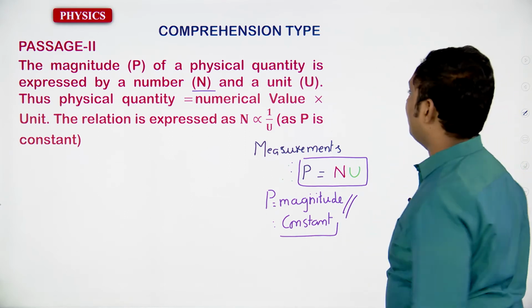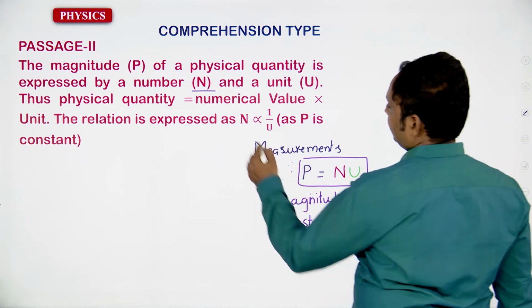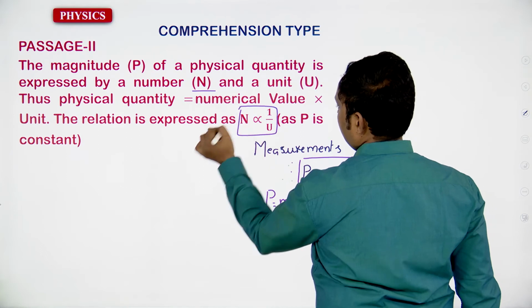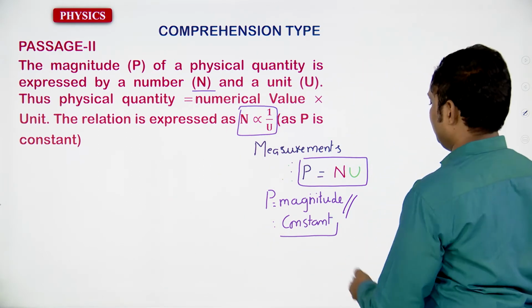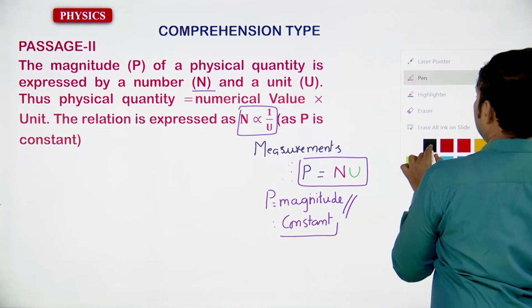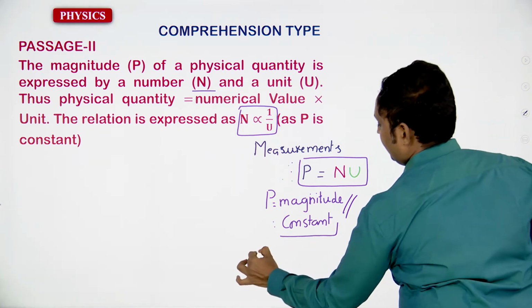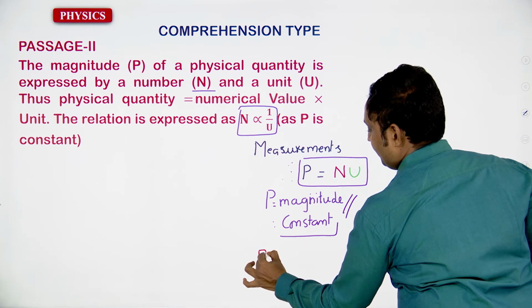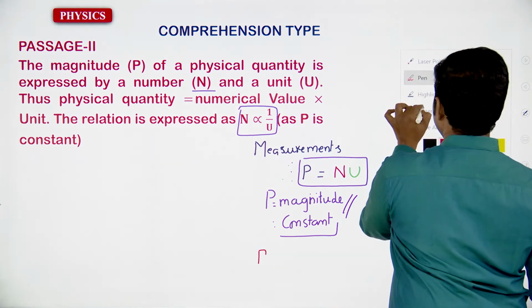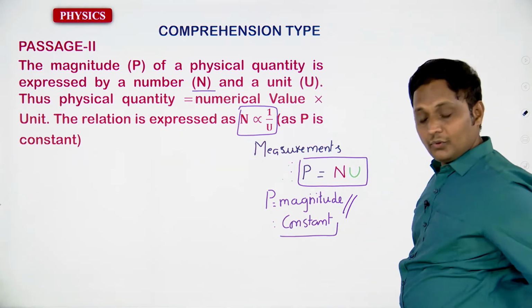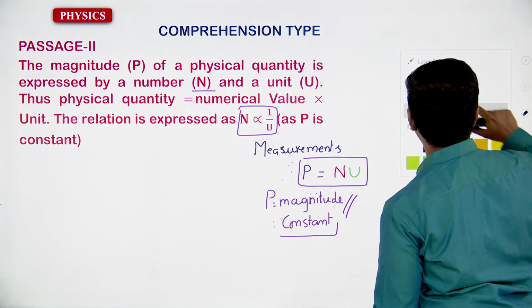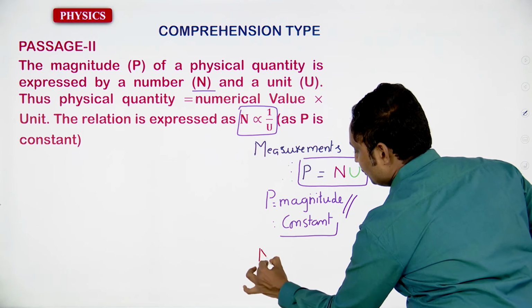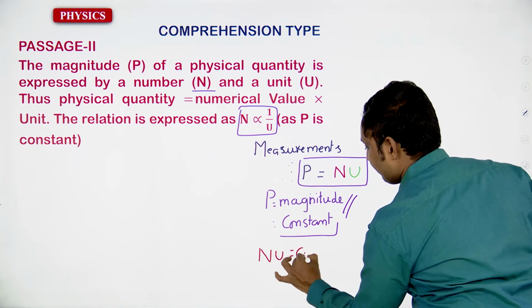Now what can you say about this n? It is very clear: n is directly proportional to 1 by u. How was it confirmed? nu is equal to constant.